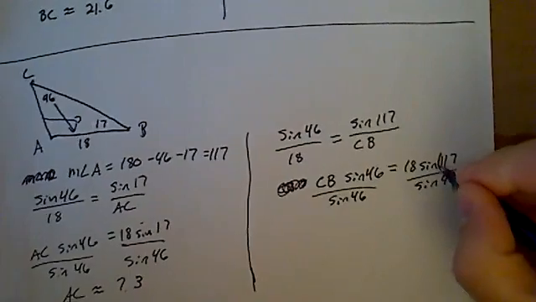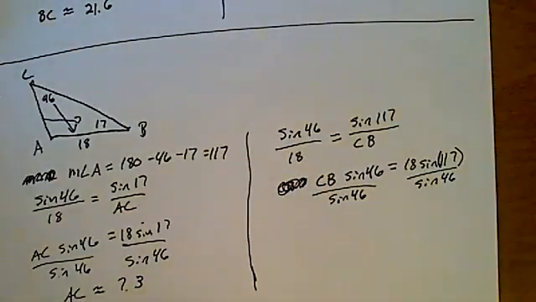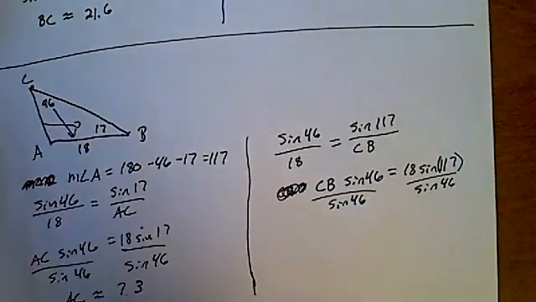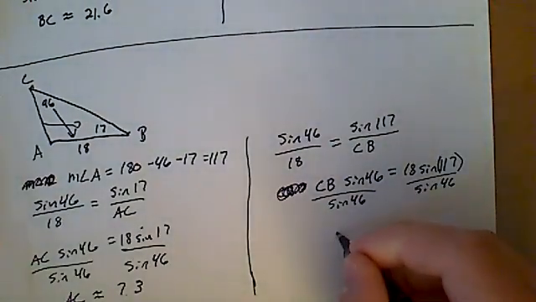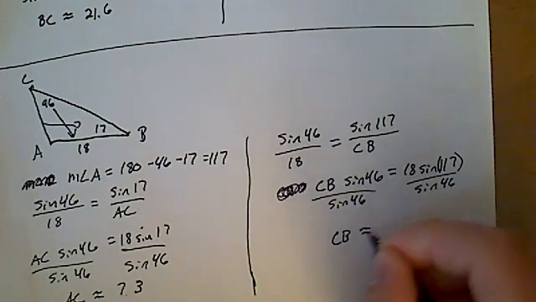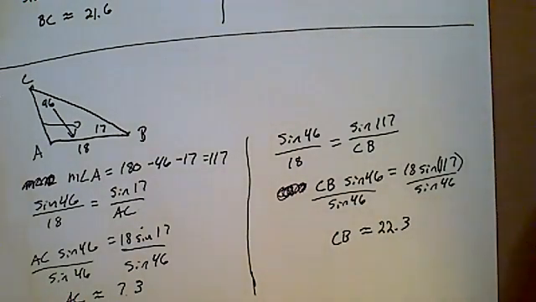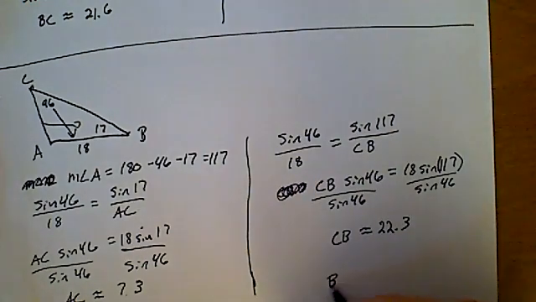Remember to close that parenthesis, divide by the sine of 46. And hopefully you got CB is about 22.3. Again, you could also have BC, about 22.3.